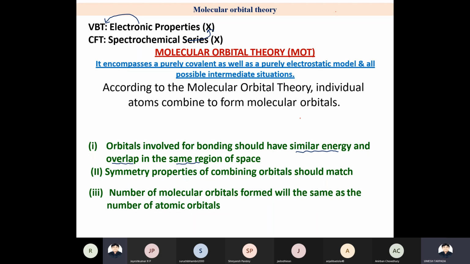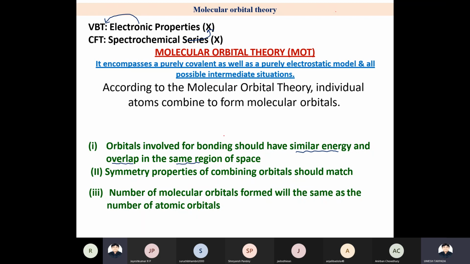So among them, proper symmetry should be taken into consideration. When the symmetry matches, at that time you can have a particular type of bonding. So you can match with appropriate symmetry.